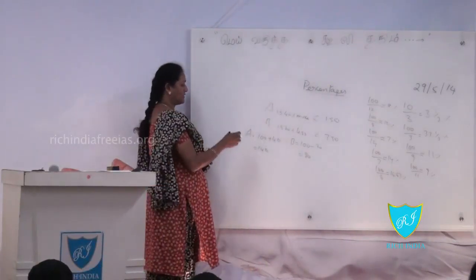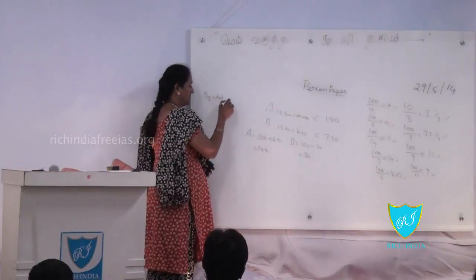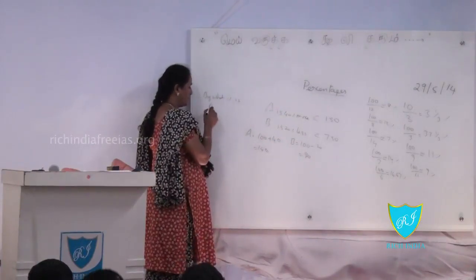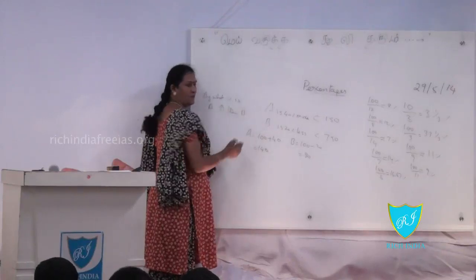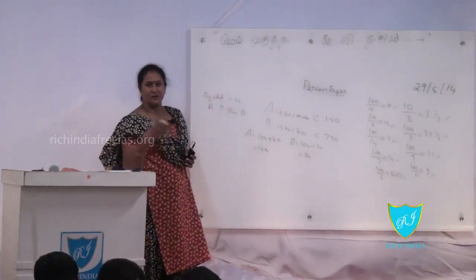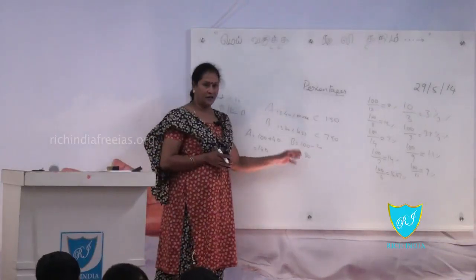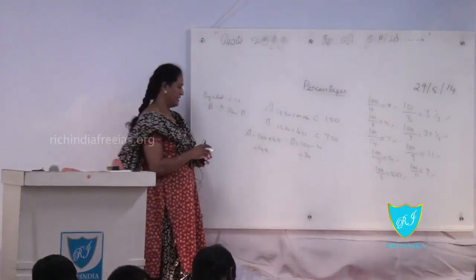Now if they ask by what percent is A more than B, or in data interpretation, what is the increase percent of production. First year 80, next 140, what is the increase percentage of production?